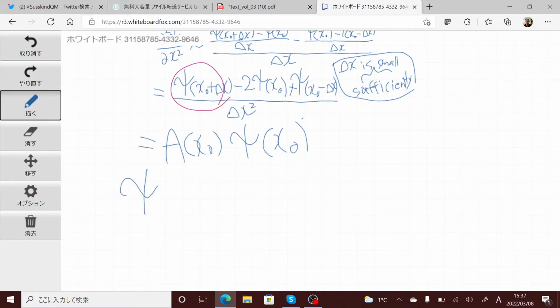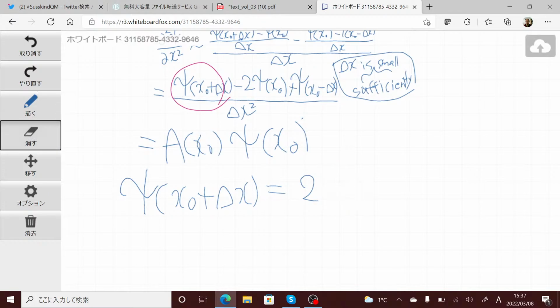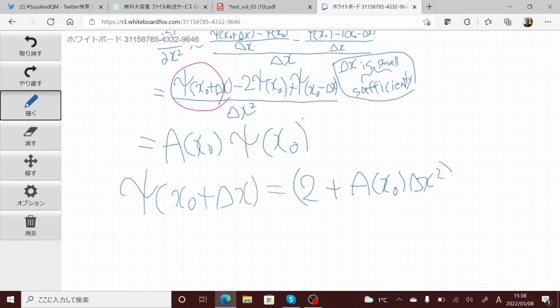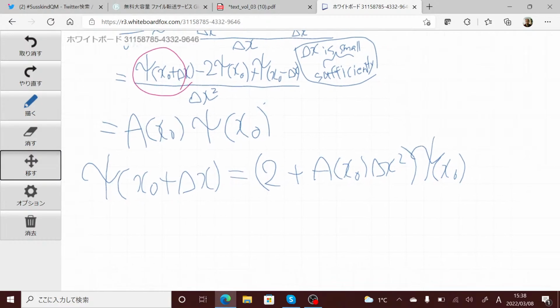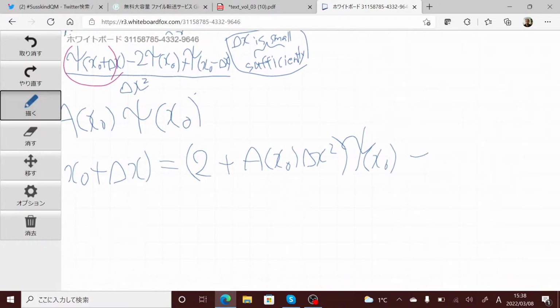So we have psi of x0 plus delta x equal to 2 psi of x0, plus a x0 delta x squared psi of x0, minus, I think this is minus, psi of x0 minus delta x.